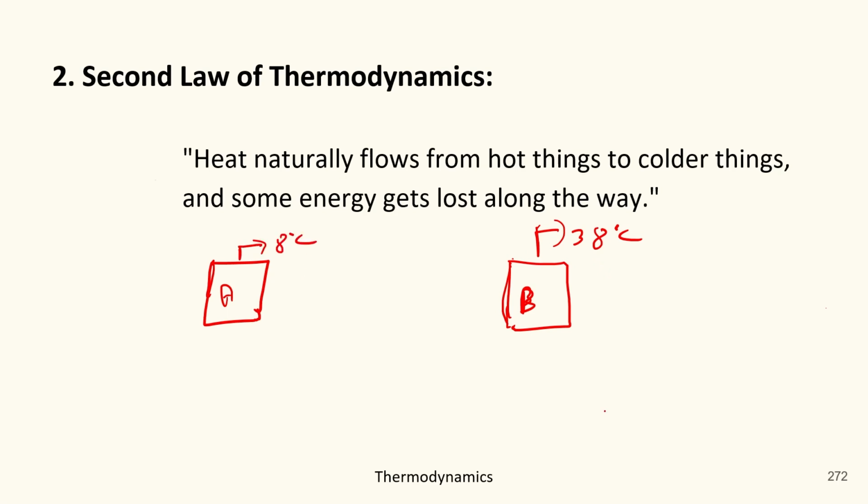So when it comes to heat, what do you think? Which body has more heat? Obviously body B. And which body has low heat? Obviously body A. Okay. And as our statement says, there is always a flow from high temperature to low temperature.